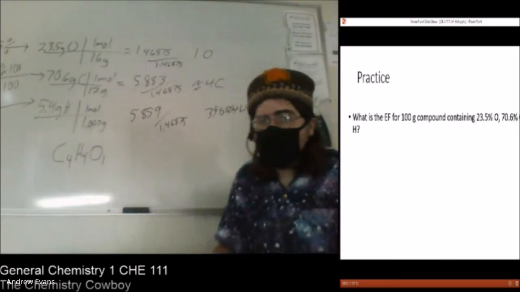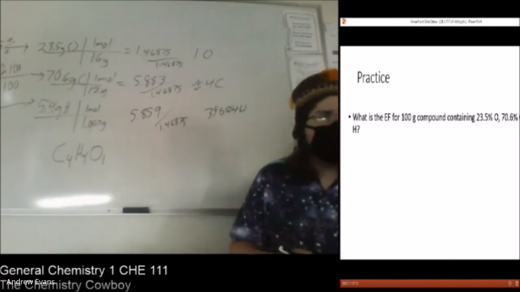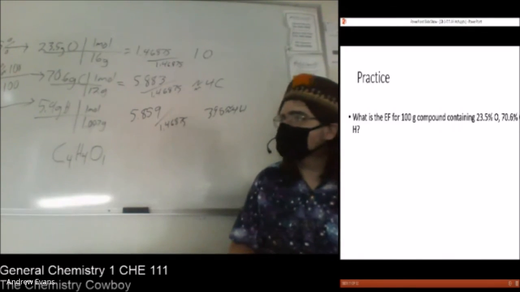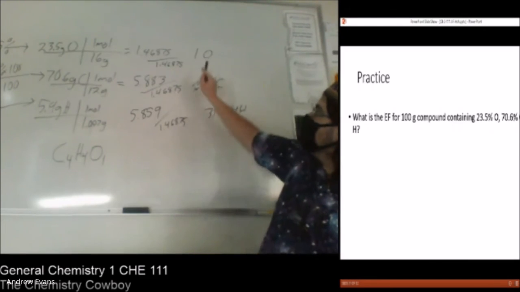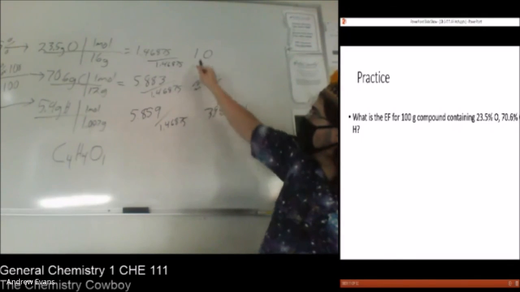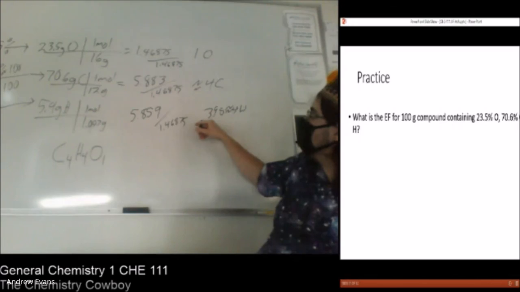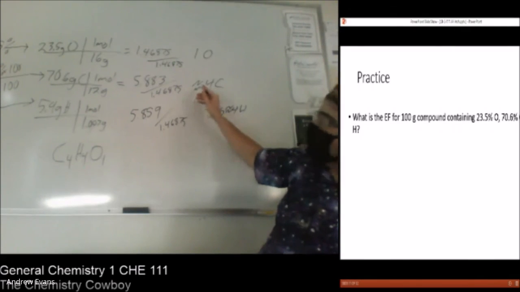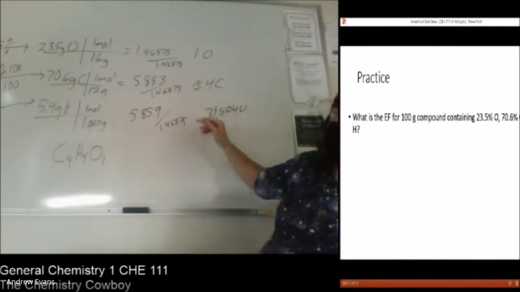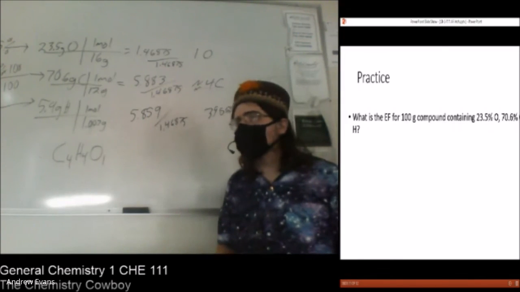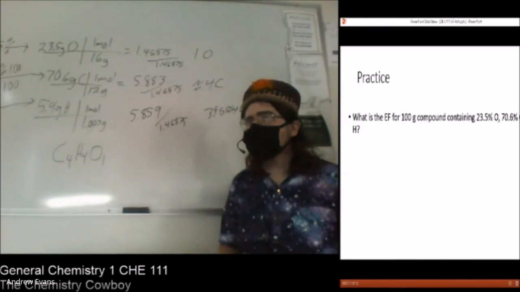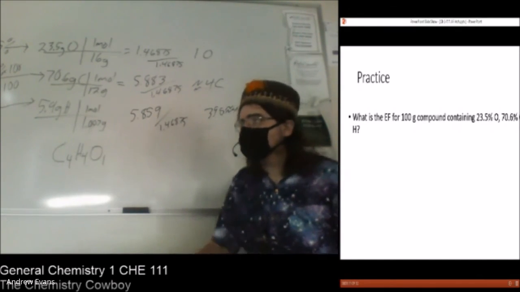Because when I look at the whole number ratio, the comparison of carbon to hydrogen to oxygen, for every one oxygen, I have 4 carbon. For every one oxygen, I have 4 hydrogen. For every 4 carbons, we have 4 hydrogens. We have a 1-to-1 direct ratio between the two. That is empirical formula.